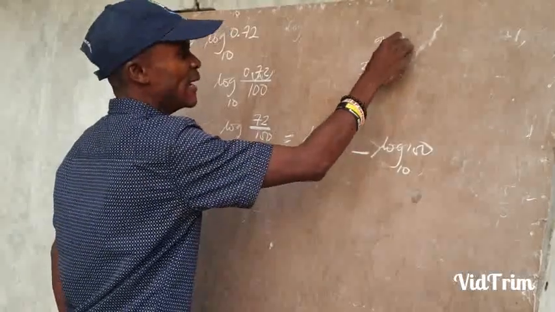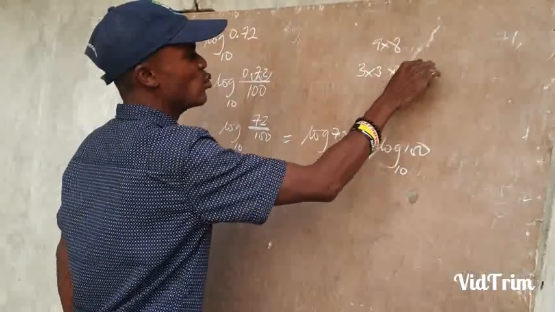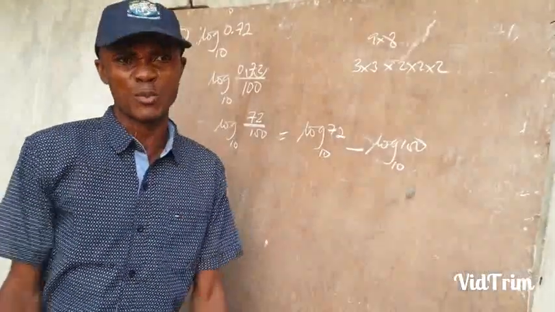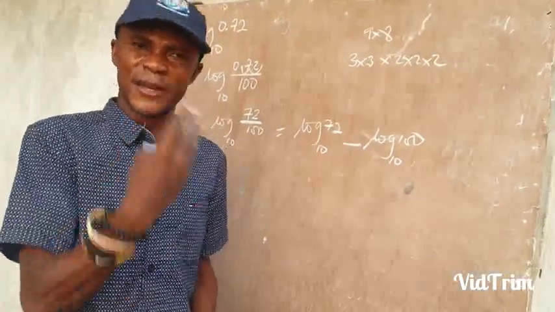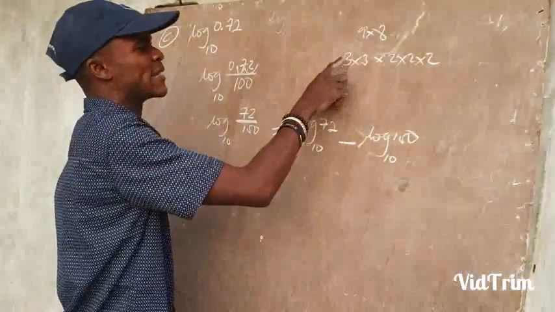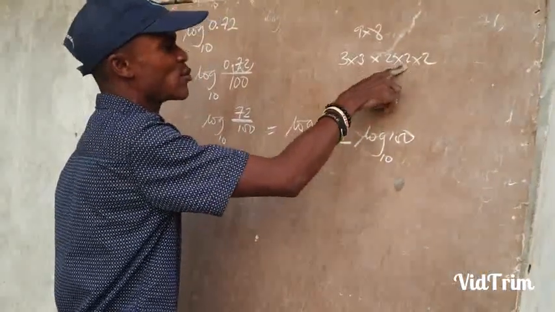Times the 8 is the same as 2 times 2 times 2, because 2 was also provided. We are making use of the figures that we are provided. 3 was there, 2 was there. So for 9, it is 3 times 3. For 8, it is 2 times 2 times 2.